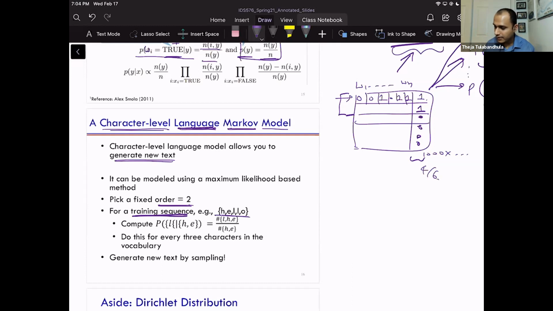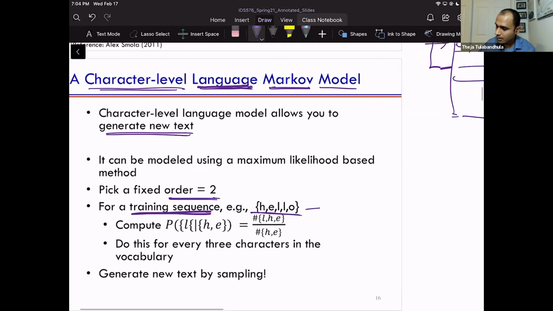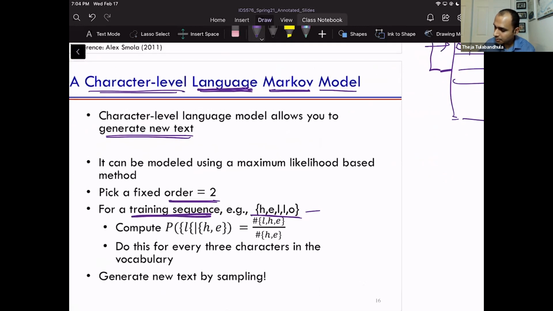So once you have an example character sequence, then what you do is you just compute the conditional probability of the next character given the previous 2 characters. Okay. So, for example, the probability of a character L given HE is the number of times you will see the characters HEL divided by the number of times you will see the characters HE.